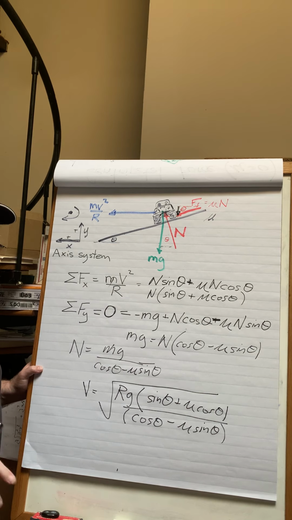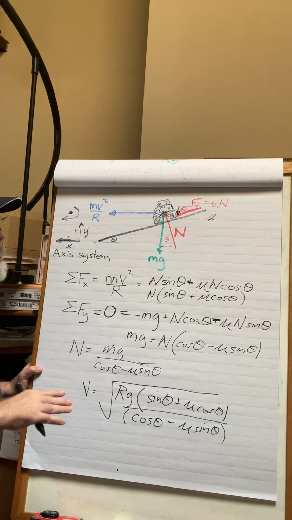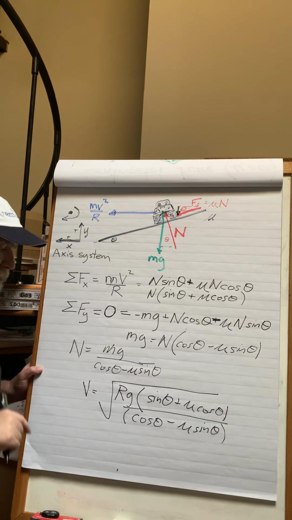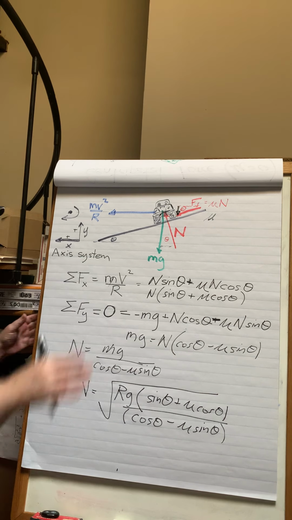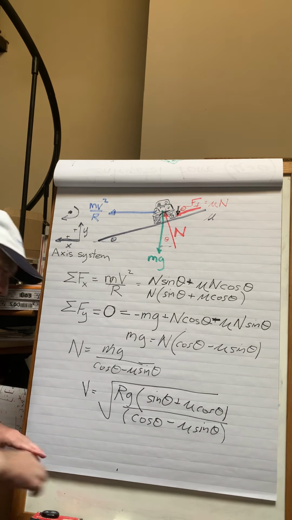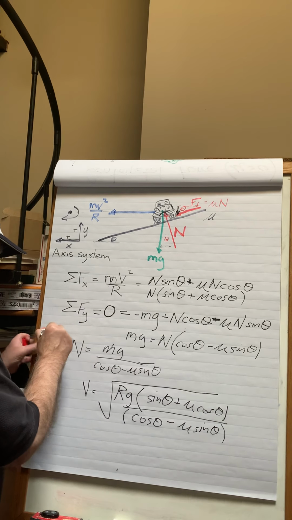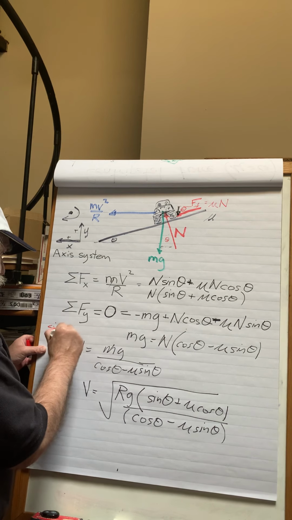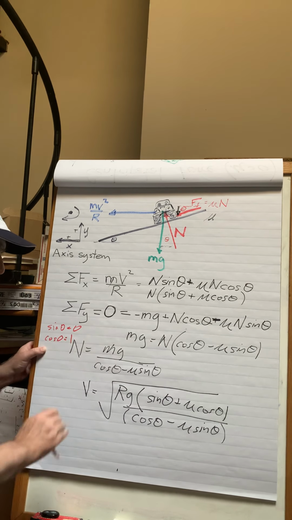So first we started with a level surface that had friction, and then we had a banked curve with no friction, and now we brought them together. Does it make sense? Well, suppose theta is 0. When theta is 0, the sine of 0 equals 0, and the cosine of 0 is 1.